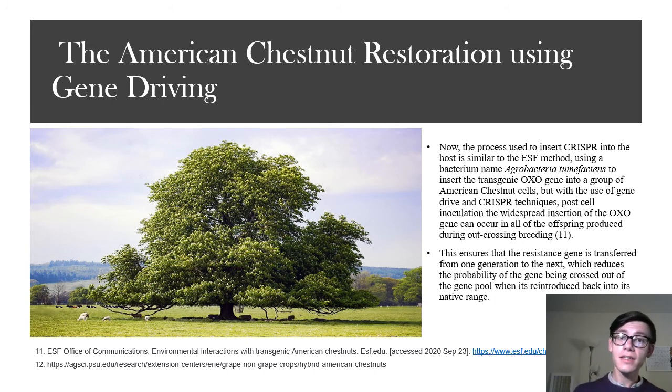So it stays in the population and gene pool, so every offspring gets the gene, which effectively means that the population is resistant. It's resistant to chestnut blight, and that allows researchers and arboriculturists to actually bring this tree back, which is just amazing. So you can actually restore a species by putting this gene in and effectively making a whole population resistant.